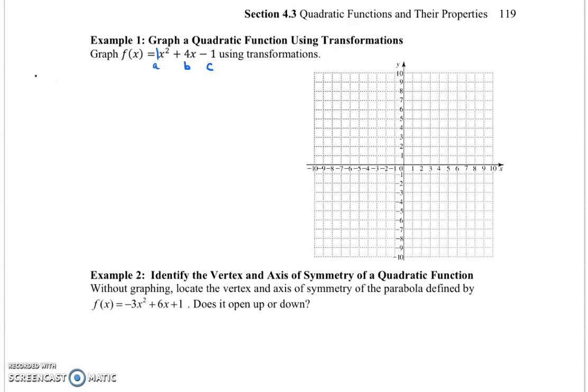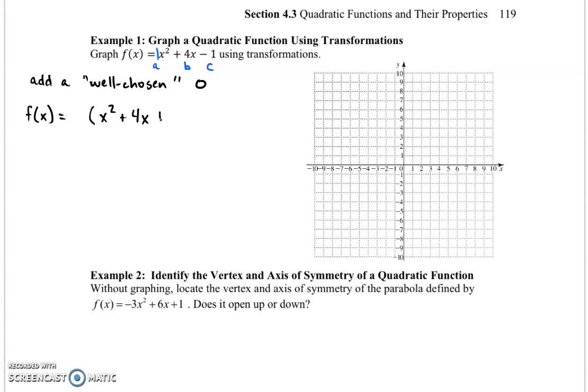What we're going to do is what mathematicians call add a well-chosen zero. And the way we do that is by adding and subtracting the same number. So to turn this into vertex form, we are going to take the x squared plus 4x, and then we're going to leave ourselves a blank.